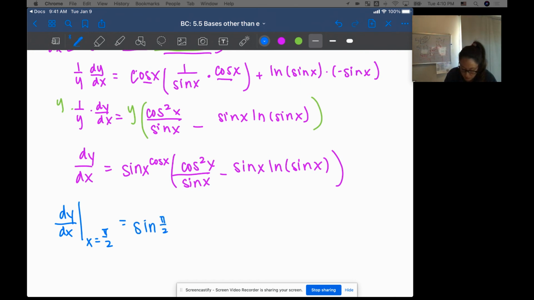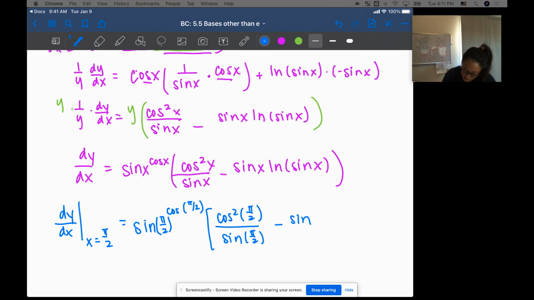Sine of pi over 2 raised to the cosine of pi over 2, and then times the cosine squared of pi over 2 over the sine of pi over 2, minus sine pi over 2 times the ln of sine of pi over 2.